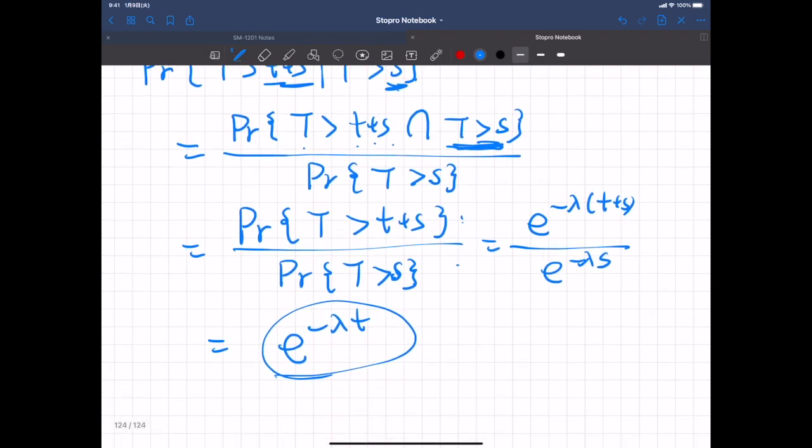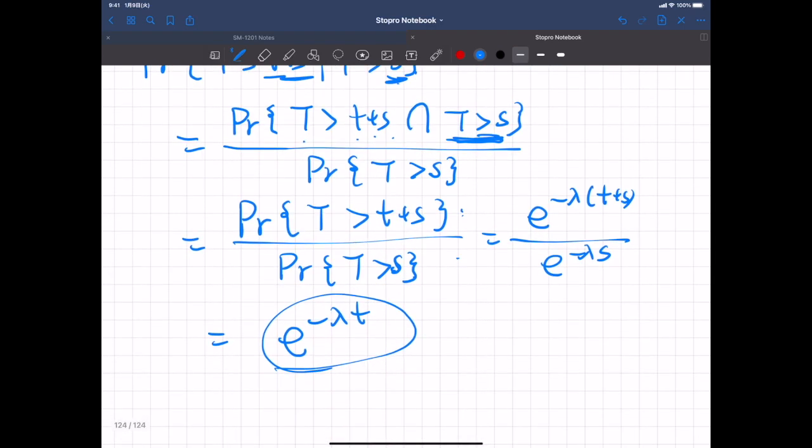But this memoryless property is very nice because it's very easy to handle. But whether it is realistic or not is another matter. What this implies is that, for example, the light bulb does not deteriorate with time. So how long it is in use doesn't matter to how likely it will break down.